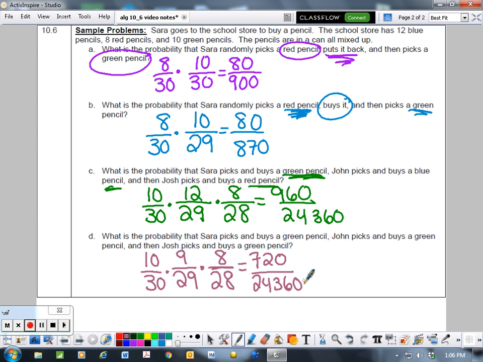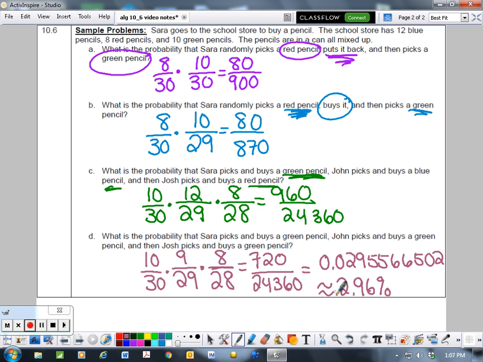Now if we wanted to turn these into percentages, we could go ahead and do 720 divided by 24,360, and it would give us that proportion, which we can then turn into a percent. There's a 2.96% chance. That's with rounding.